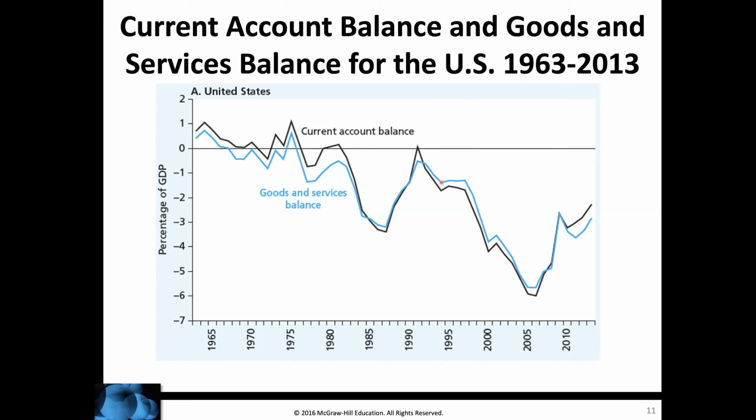You can see we are in a deficit as a percentage of GDP. Our current account balance is negative. And the goods and services balance, remember, is a subset of the current account. You can see it's moving very similarly. Again, we've got a negative amount or deficit in relation to our GDP.